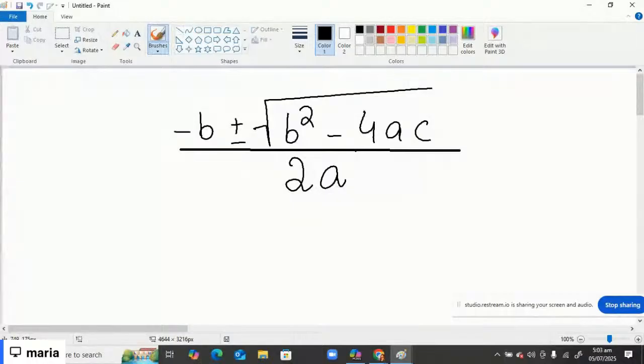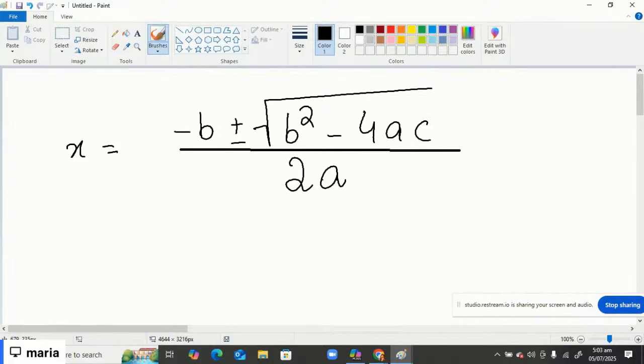So what is the quadratic formula? This is the quadratic formula. Here we are going to write it down: x is equal to minus b plus minus the square root of b square minus 4ac, all over 2a. So now here is the quadratic formula.